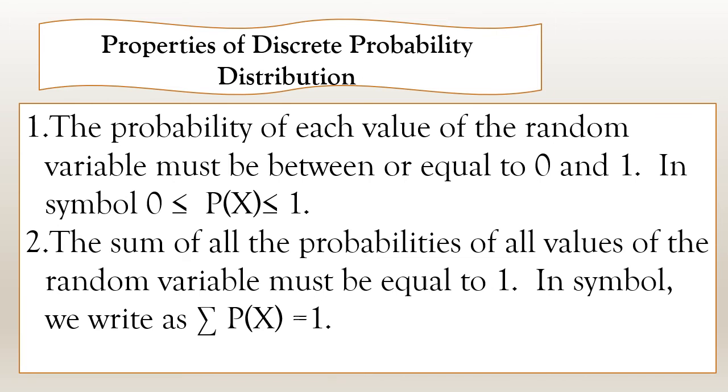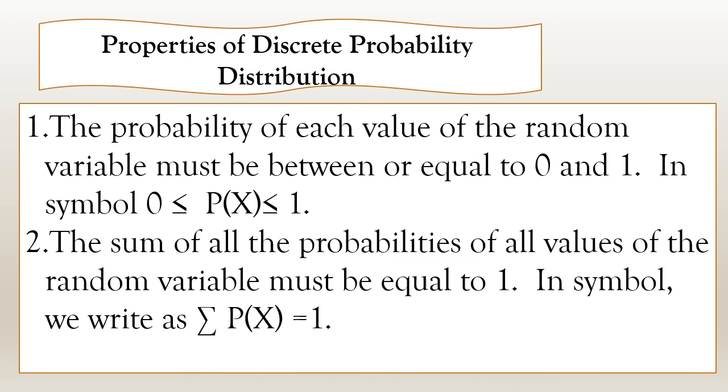In symbol, so our probability must be greater than or equal to 0, but less than or equal to 1. So, ibig sabihin po nito, lahat ng probability natin dapat ay hindi lalampas sa 1. Dapat nasa pagitan ng 0 and 1 lamang ito.